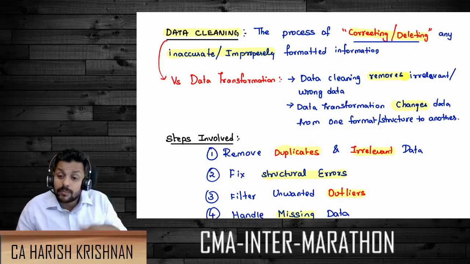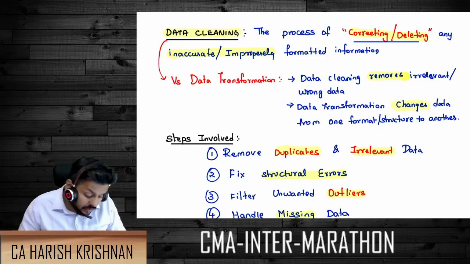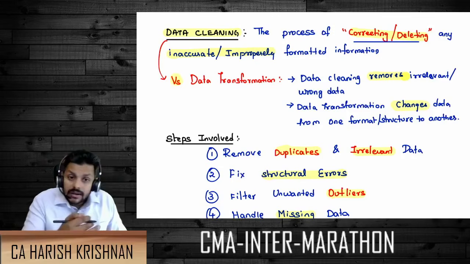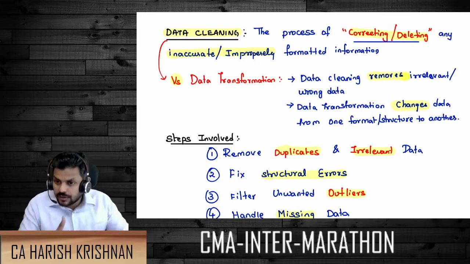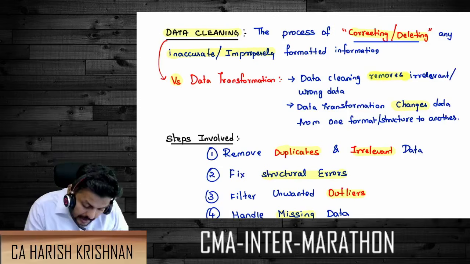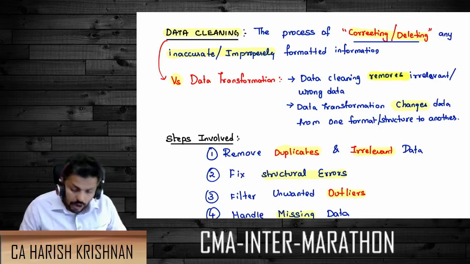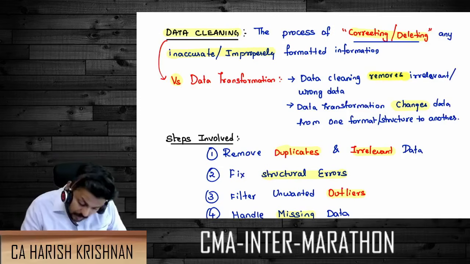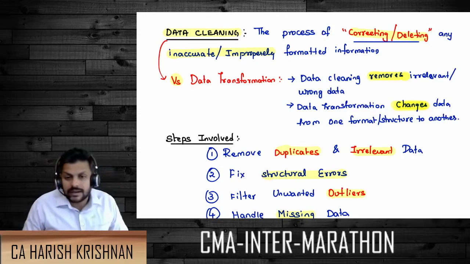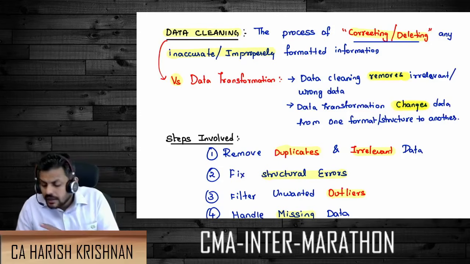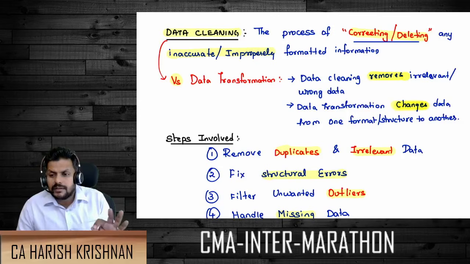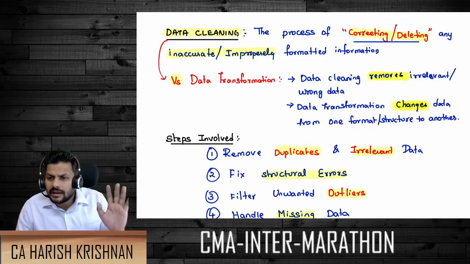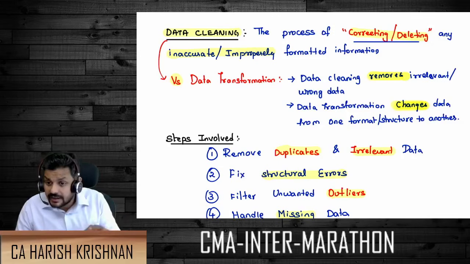And when it comes to a broader word called data transformation, which is why I wrote data cleaning versus data transformation. When you compare, you see data cleaning removes irrelevant or wrong data, while data transformation changes the data. So in data cleaning, you are only cleaning up things, that is removing unnecessary things. You are not making any changes to the other data.